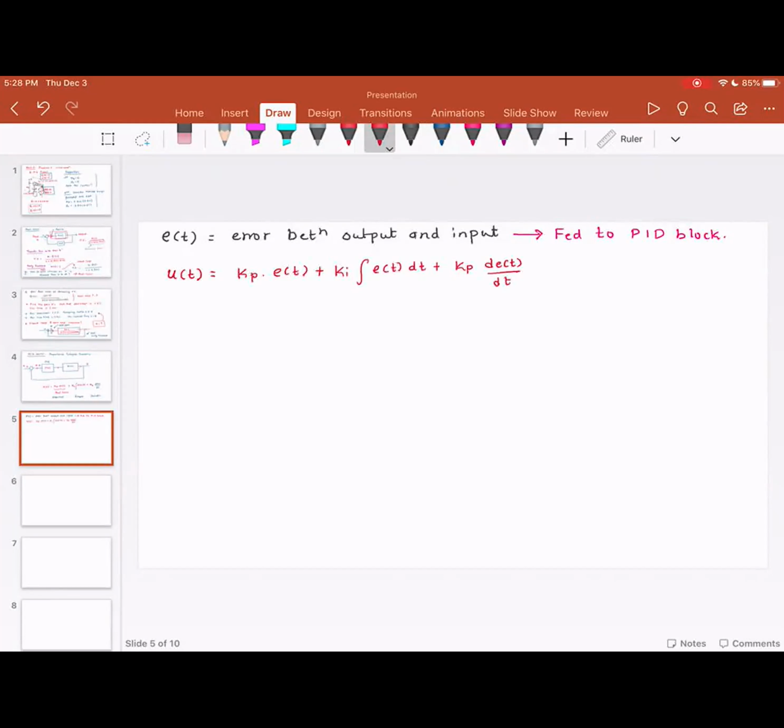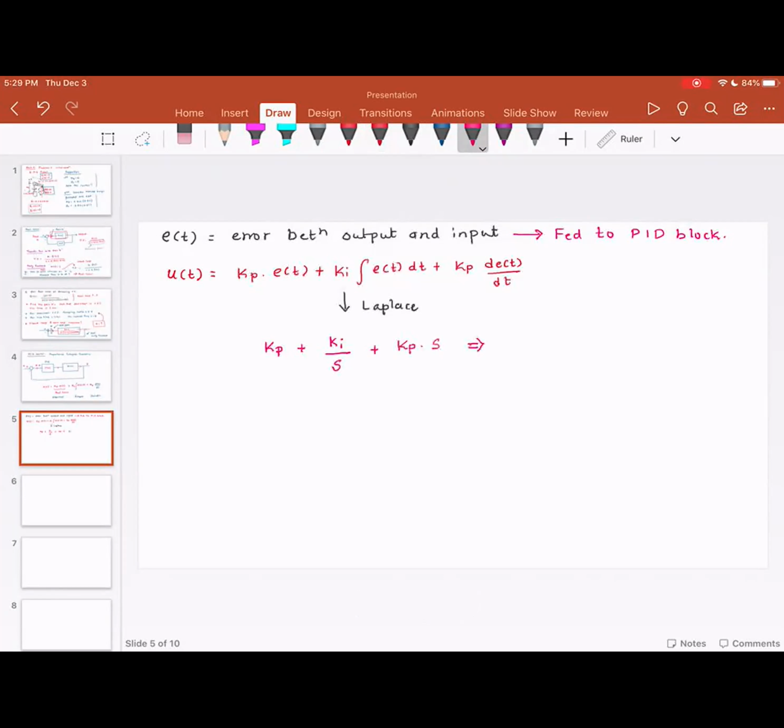Now what I'm going to do is I'm going to take the Laplace transform of this. And then once I take the Laplace transform, I have an equation with Kp, the Laplace transform of integral is 1 by s, and the Laplace transform of derivative is s.